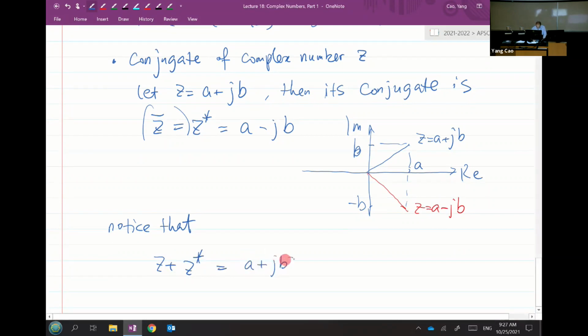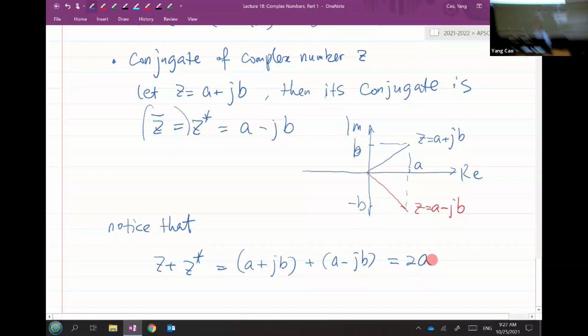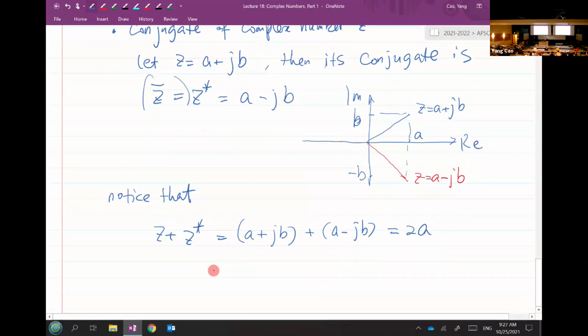We have A plus jB plus A minus jB, which equals 2A. Or we can write A as 1/2 (Z plus Z conjugate).